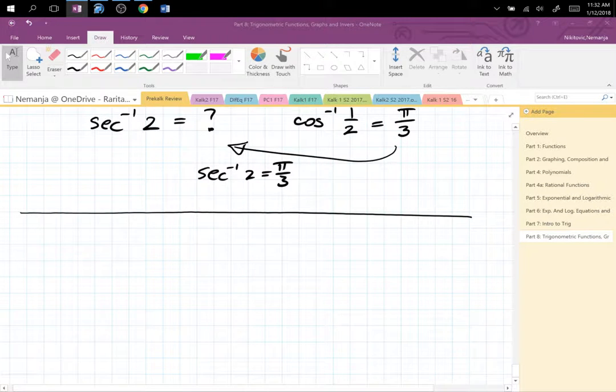The main issue is the issue with restricted domains and the problem that the inverse is actually not a function for all 6 trigonometric functions, and we have to fix that. We have to use inverse trig functions a lot in calculus, especially inverse sine and inverse tangent. They show up a lot.